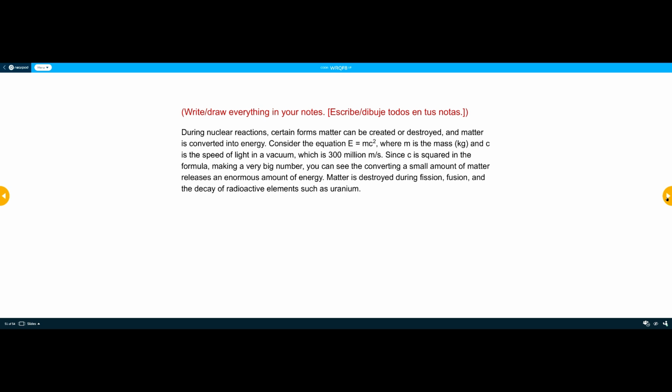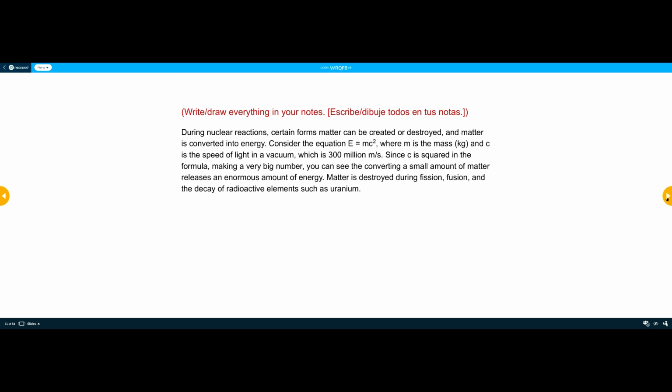Consider the equation E equals mc squared, where m is the mass in kilograms and c is the speed of light in a vacuum, which is 300 million meters per second.